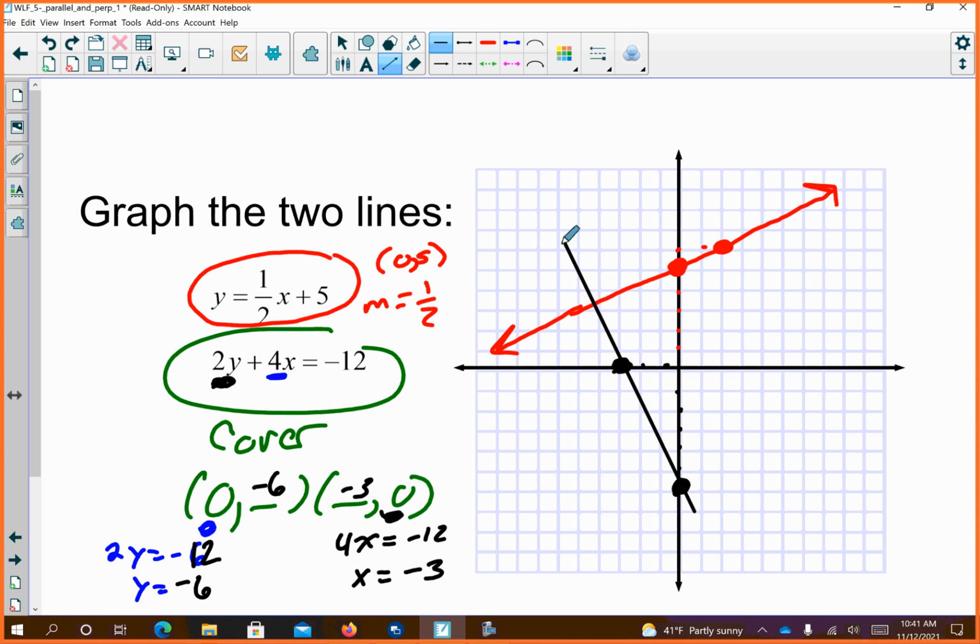So friends, do those two lines appear to cross? So you can guarantee they're not parallel, agree? Do they cross with anything that looks significant? They cross at a 90-degree angle.